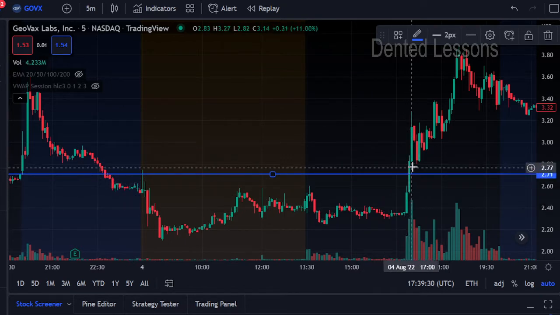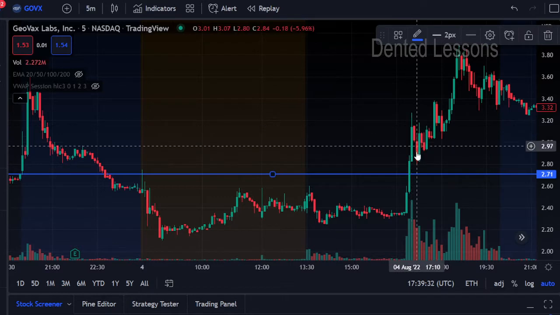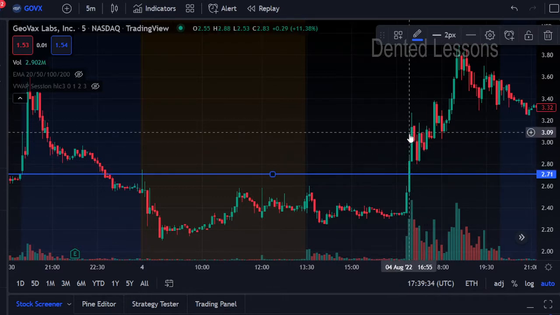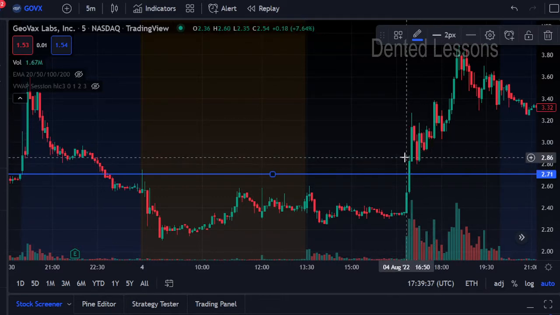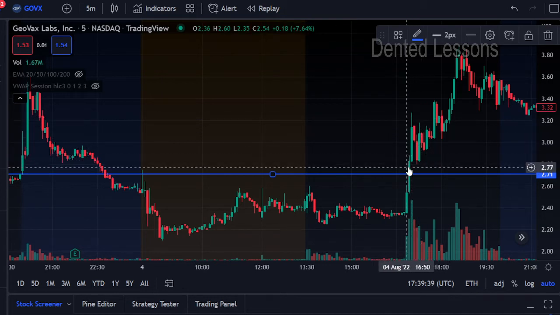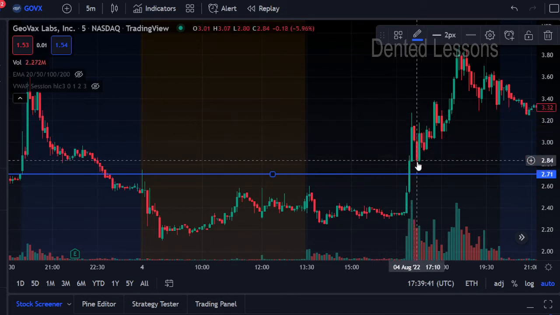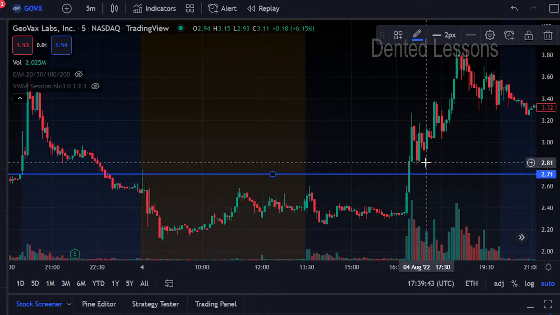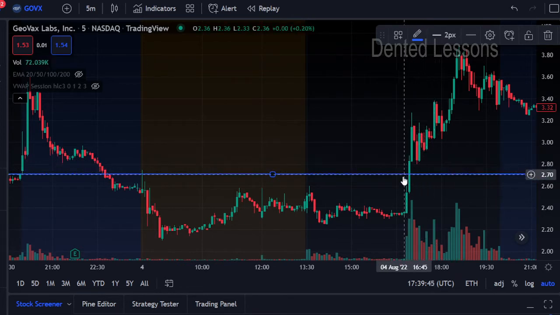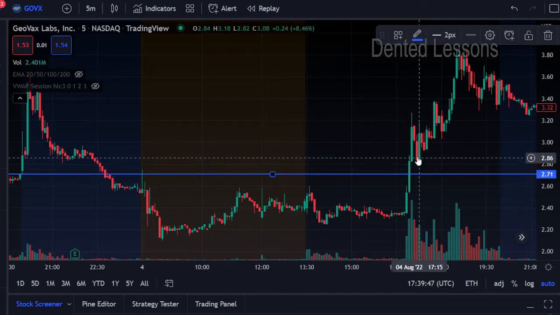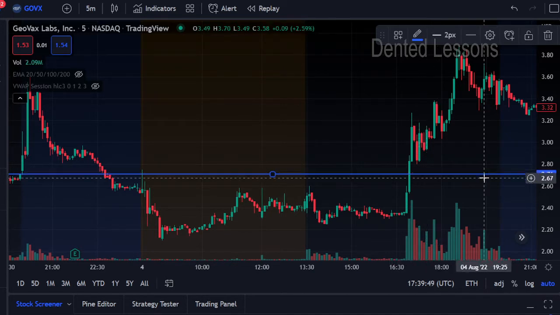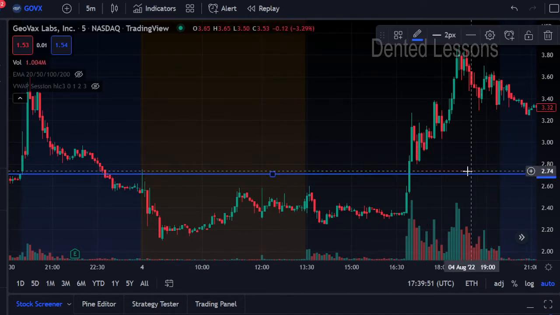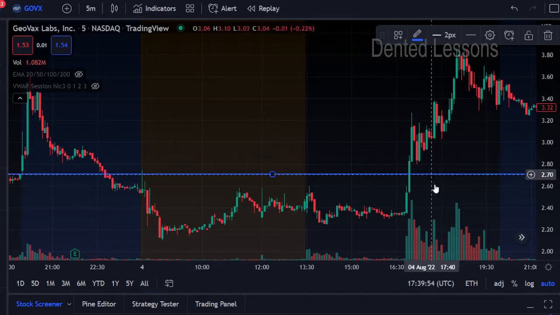Generally speaking, as I've mentioned before, you want to be waiting for retests and confirmations. The safer way to play this is to wait for a pullback from this original breakout above the previous daily close and get as close to the daily close as possible to use as your risk level, because, as we've mentioned before, this resistance has now become support.